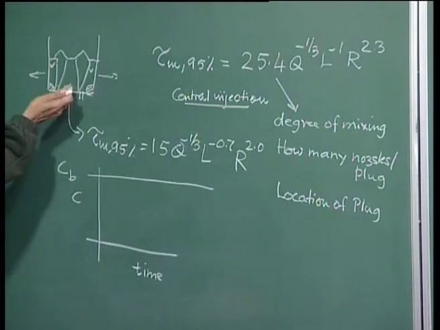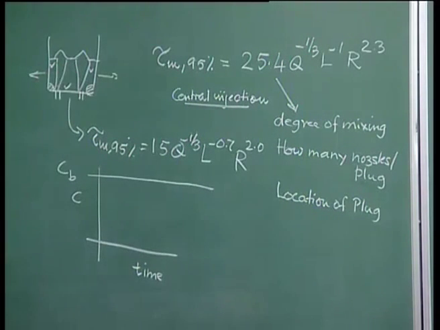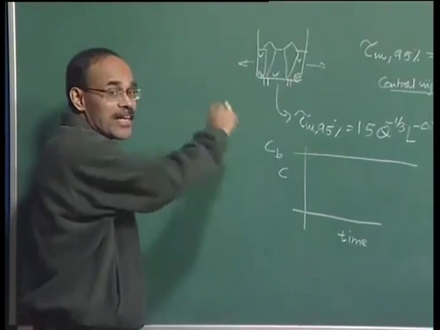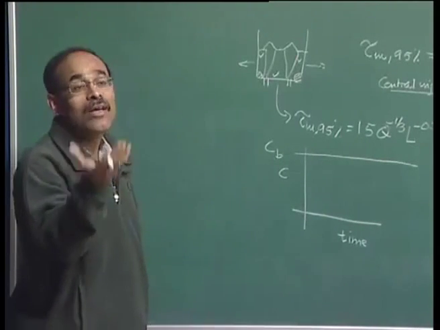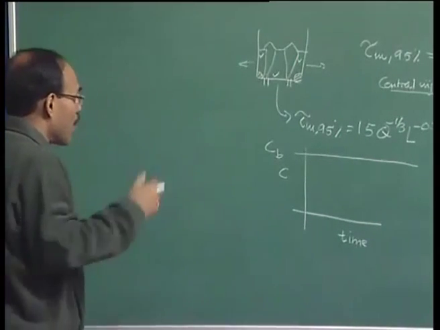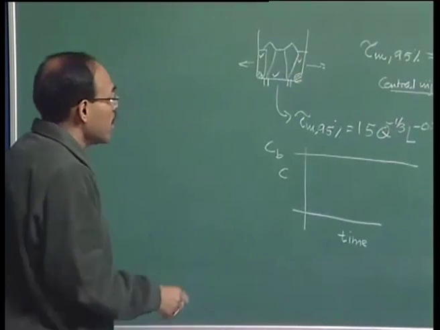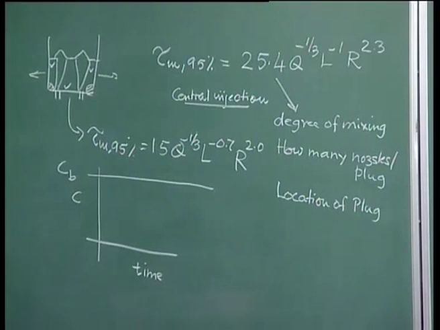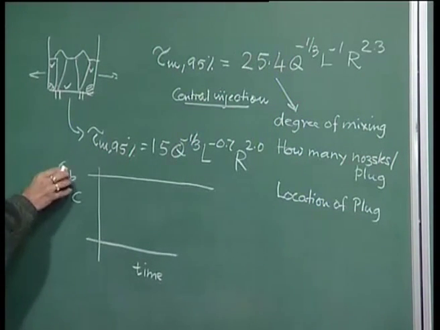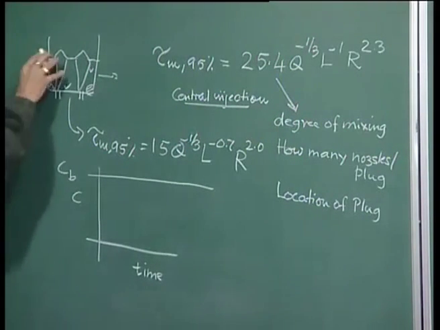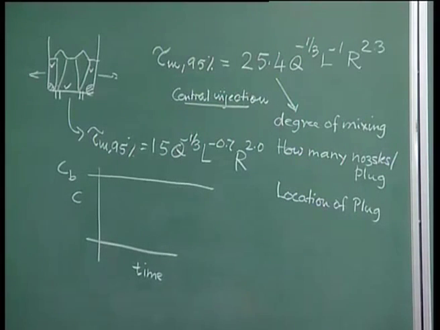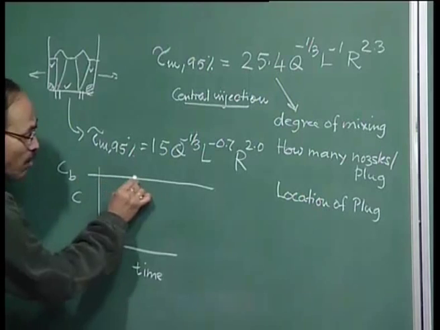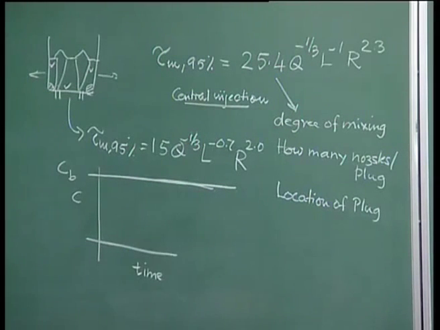For example, if I have 1 ton of liquid here, and if I have added 1 kg, the uniform concentration is going to be 1 by 1000 multiplied by 100 in terms of percentage. That is the uniform bulk concentration I have represented, which is nothing but the mass fraction of the added element, the mass of the added element divided by the total mass of the fluid in the system. That is the final attainable concentration in the system.